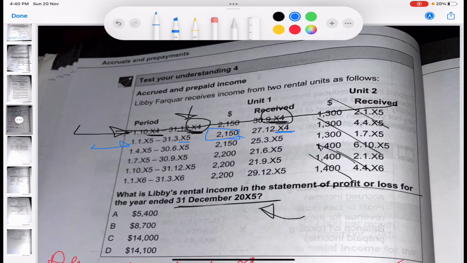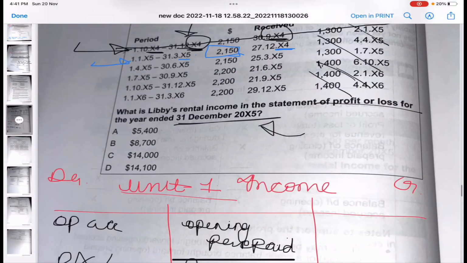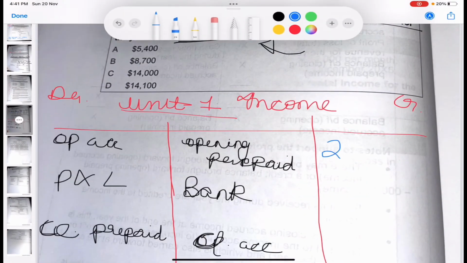This year I will not be getting the cash because it has been paid in the previous year. That means it is my prepaid from the previous year. Someone prepaid it to me last year, which means this year it is my opening prepaid, right? So I will write that 2150 is my opening prepaid.